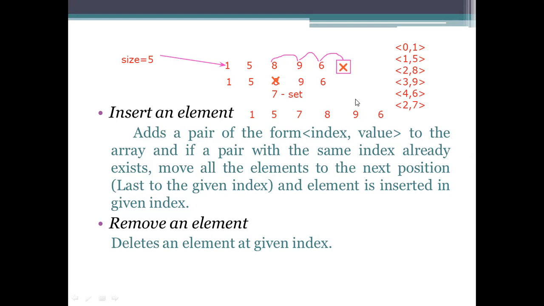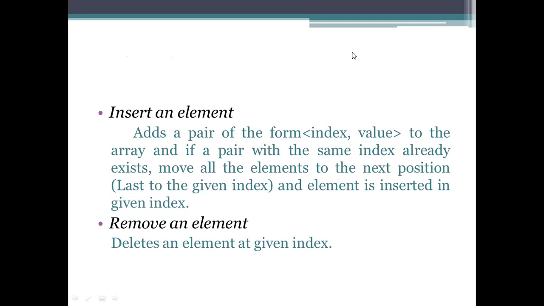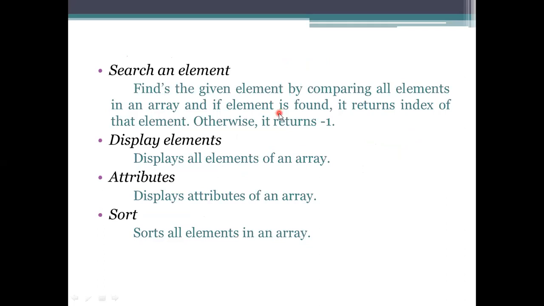Next is removing an element. We specify the index here, and whatever the value at this index, it will be removed from the array. Coming to the next one, by using an array we can search for an element.